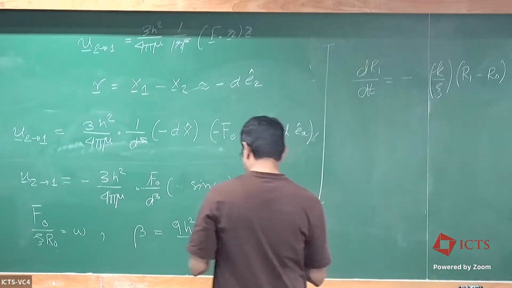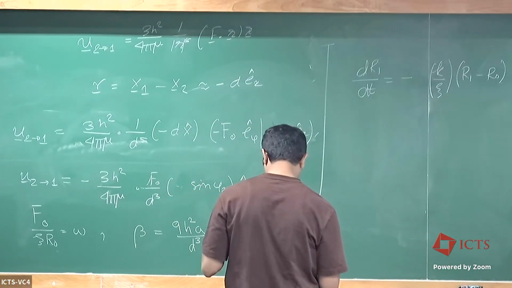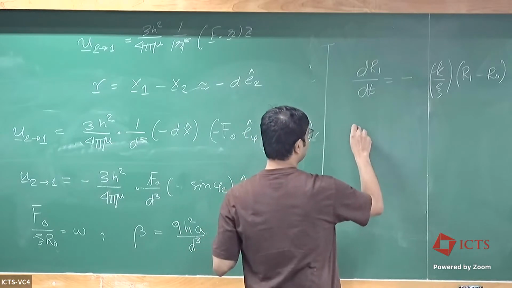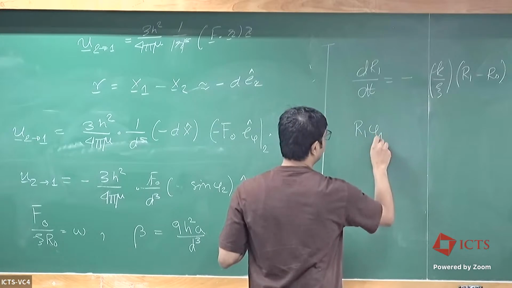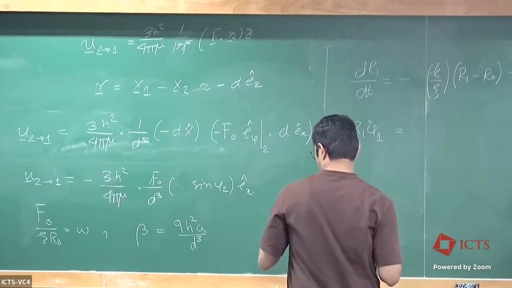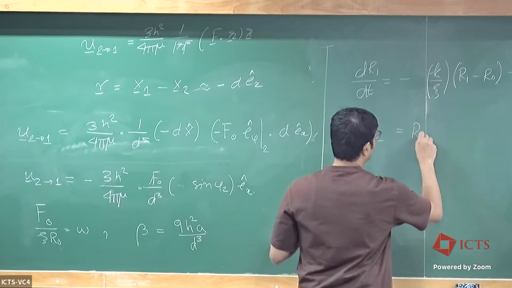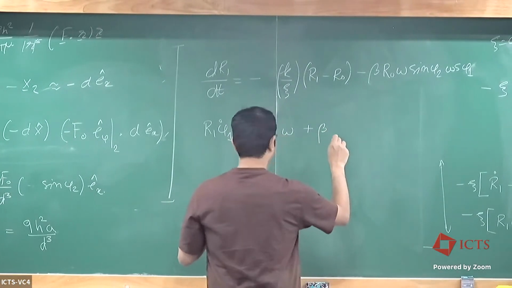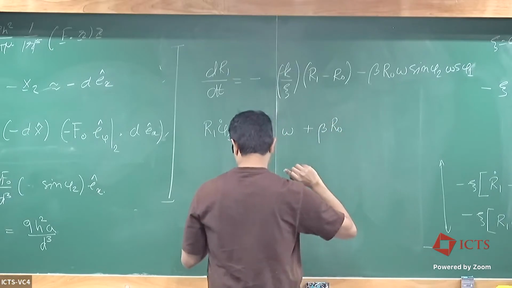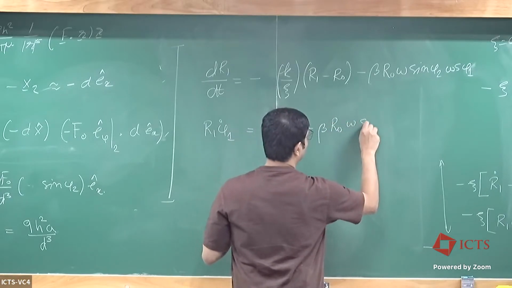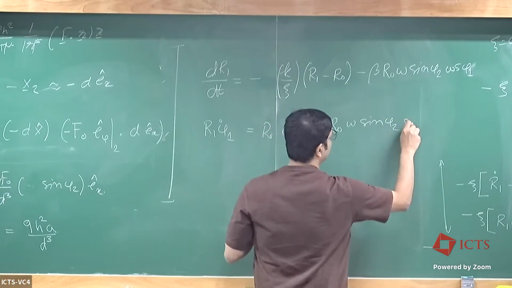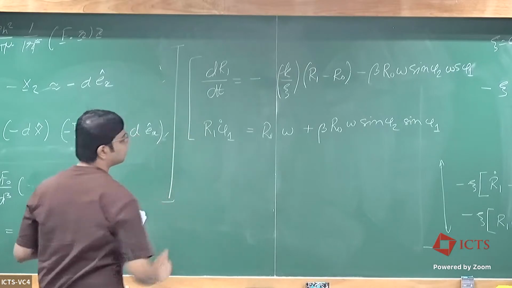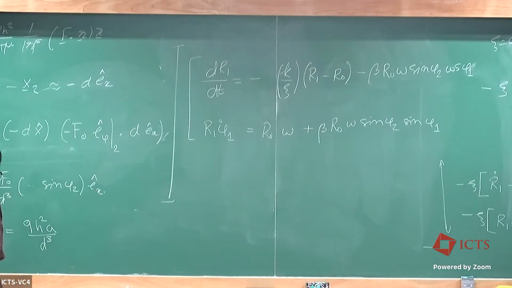And I can also derive an equation for phi1 dot, which looks like the following: R1 phi1 dot is equal to R naught omega plus beta R naught omega sine phi2 sine phi. Those are the two governing equations that you get.